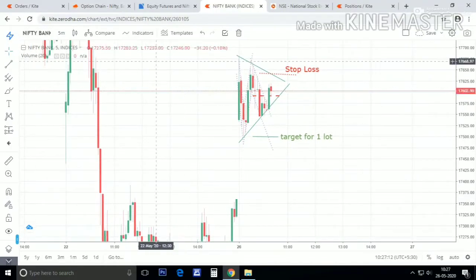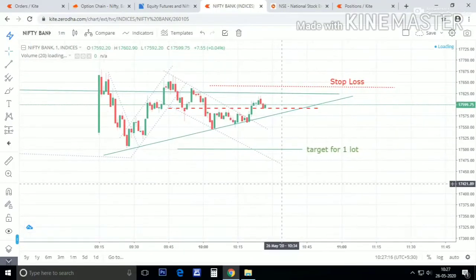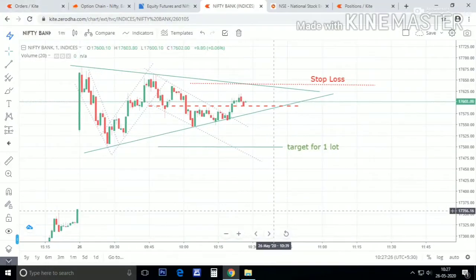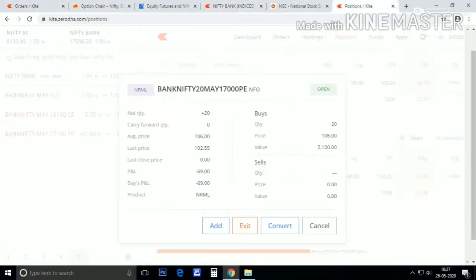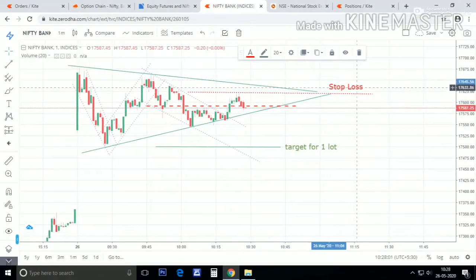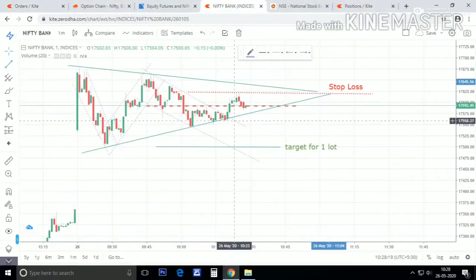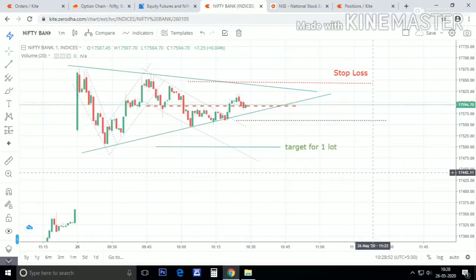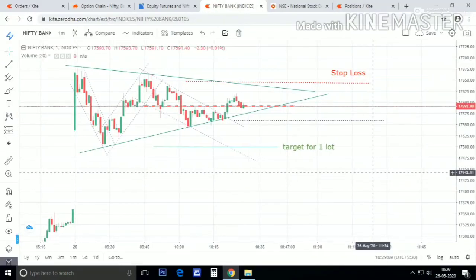On the 5-minute chart you can clearly see there is a flag-like formation. So though it is an upside movement, it might go upwards, but the market is volatile and there is a gap opening, and without any proper positive news, so I think it will go down.